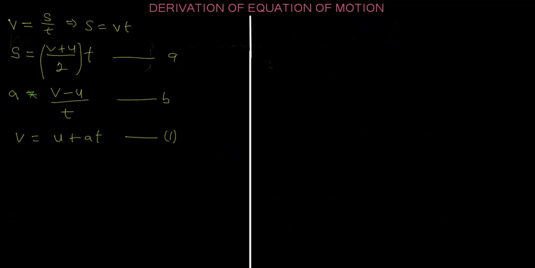Now, for us to get our third equation of motion, what we need is equation A and equation 1, the first equation of motion.